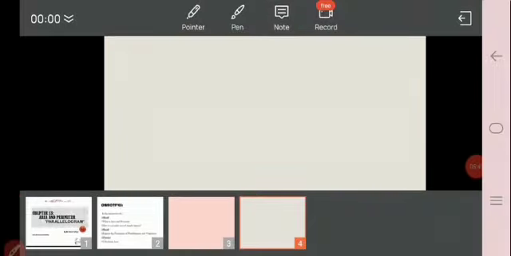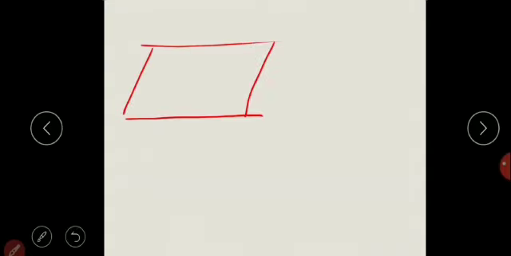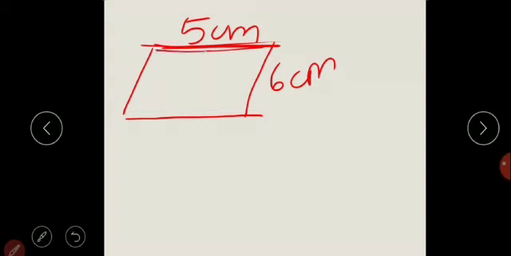so let's take an example. So we have a parallelogram shape. Let's suppose this is actually 5 centimeters. And this is actually 6 centimeters. So that is going to be the perimeter of this parallelogram. I'm going to add this side. I know that this side is 5, so this side will also be 5 centimeters.